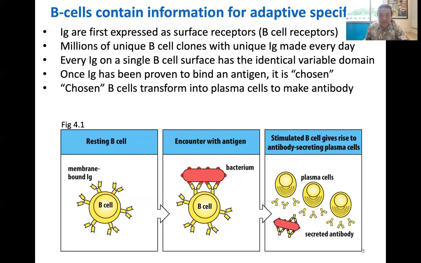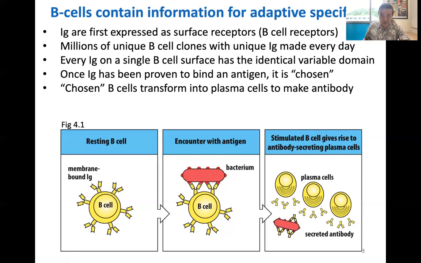So if it's just one of a few hundred million, it's like the puzzle pieces in the jigsaw puzzle box. Most of them are not going to end up matching close enough with anything, and so none of these B cells is any more valuable than any other that's being made.